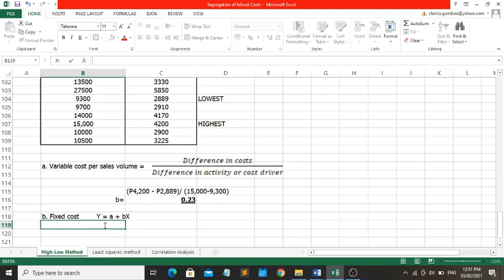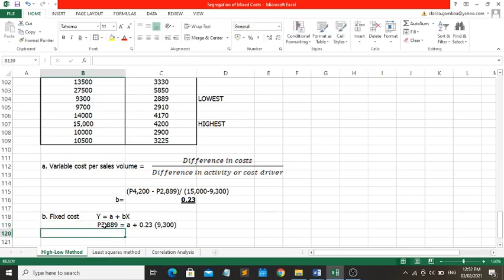So, gamitin na lang natin yung lowest point. The lowest point, 2,889 is equals to, syempre wala pa tayong value ng A, times B which is 0.23, or 23 centavos multiplied by the lowest sales volume natin, 9,300.